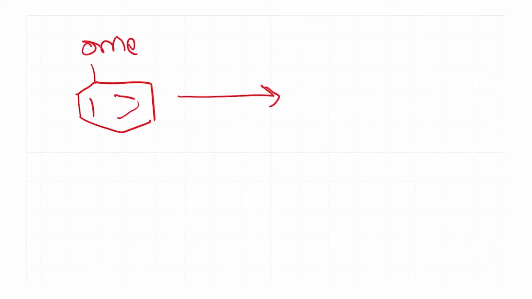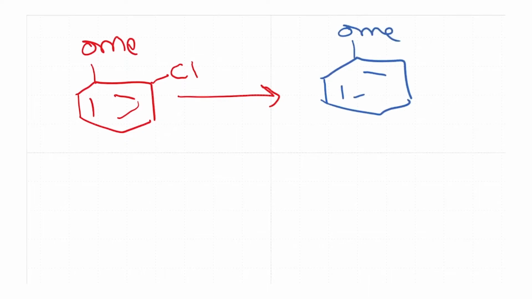Now the interesting question is that when you have substituted compounds, what would be the outcome? So when you start with, let's say, methoxybenzene, which is basically anisole, with the chloro in the 2 position, the product that is formed is actually the OMe, and what we are doing is we are doing NaNH2 in liquid ammonia.